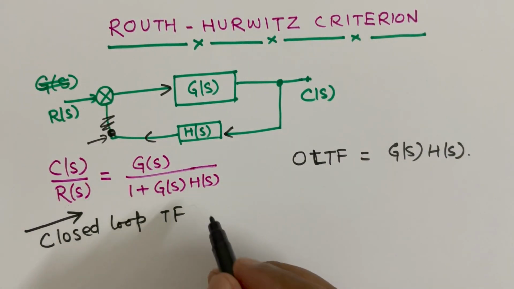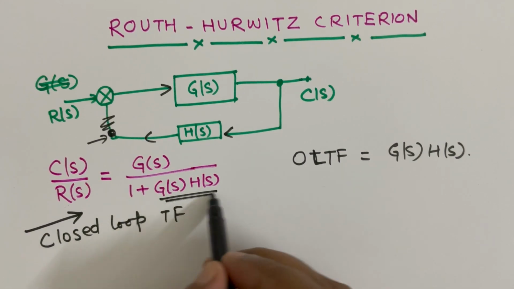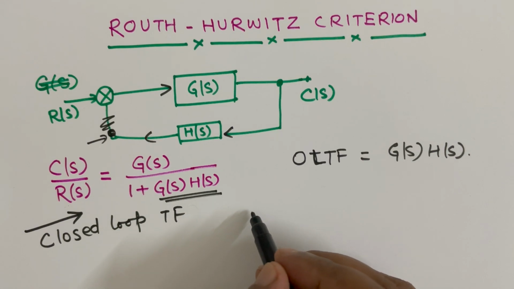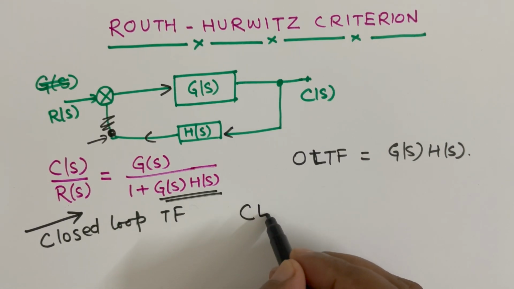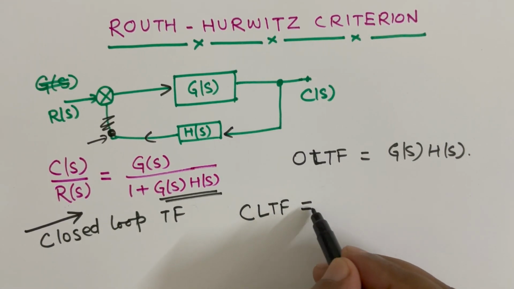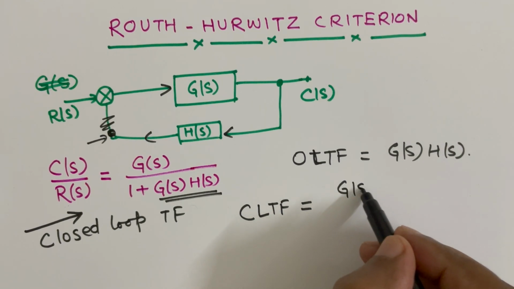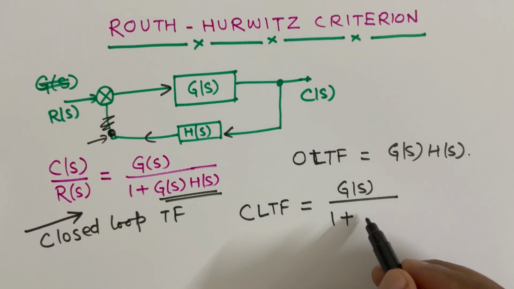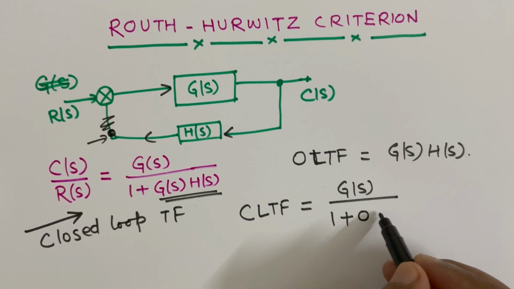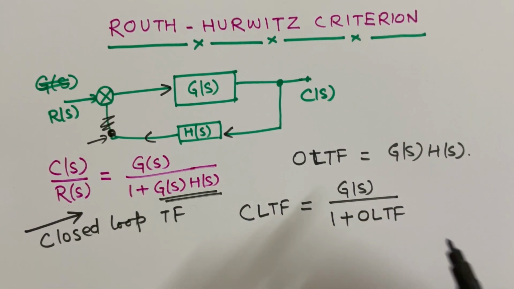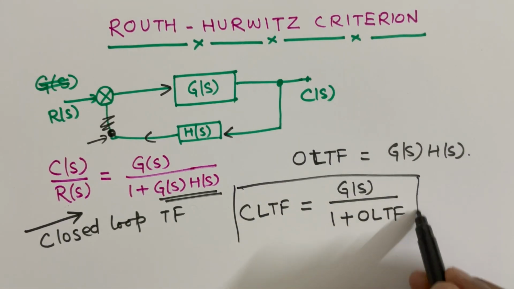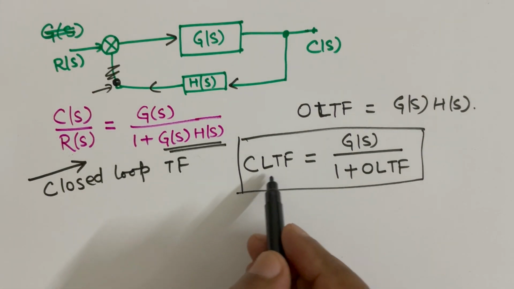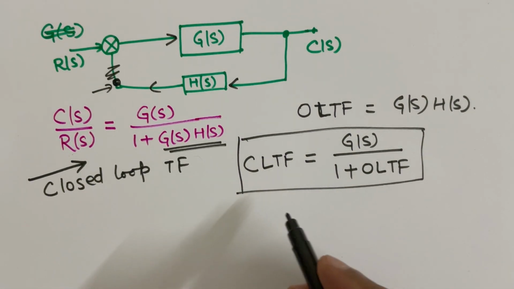So basically there is a relationship between closed loop transfer function and open loop transfer function: closed loop transfer function is equal to G(s), which is the gain of the system, divided by 1 plus open loop transfer function. So this is a very important relationship.